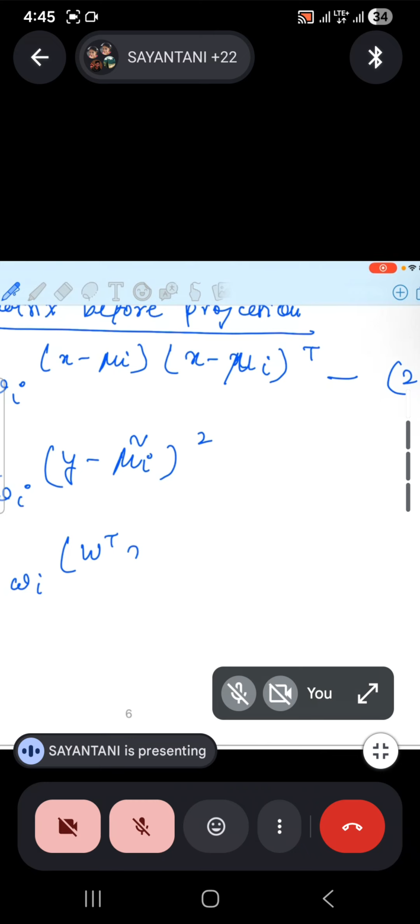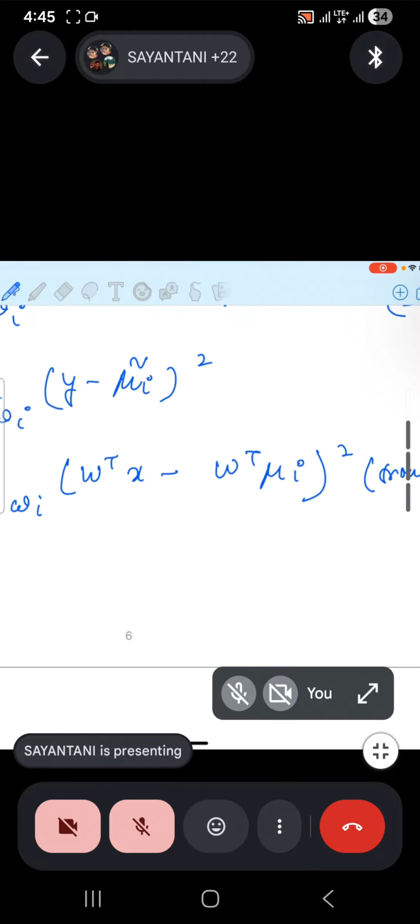So (W transpose X minus W transpose mu I) whole squared. We get that from equation number 1, right?